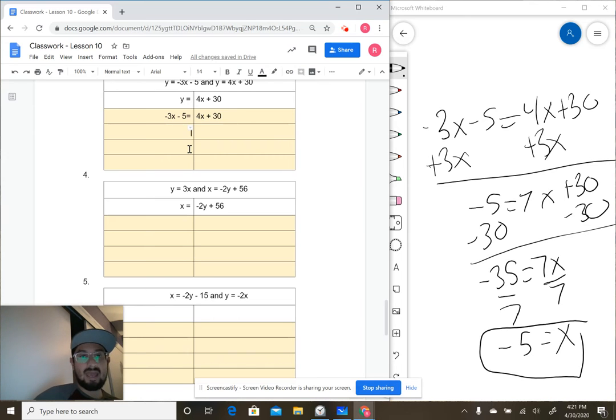And then add the 3x to both sides, you get 7x plus 30. And then subtract 30 on both sides, you get negative 35 equals 7x. And divide by 7 on both sides, you get negative 5 equals x.